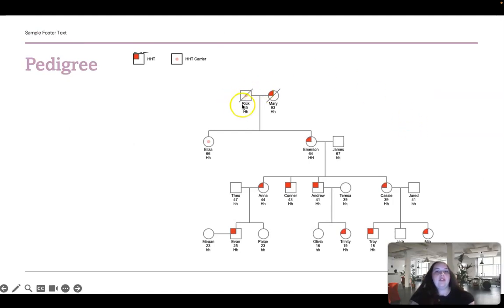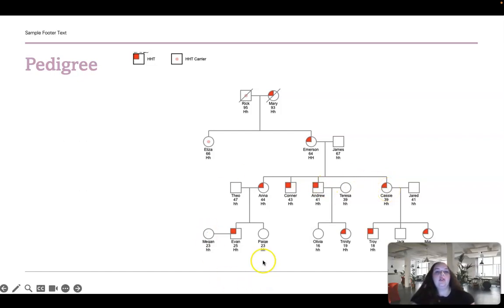So here is the pedigree. Up at the top here, Rick and Mary. Rick was a carrier, Mary was affected. In turn, one of their kids was affected and one wasn't, showing that 50% chance. Each of their kids could have been affected, but for this purpose, 50-50. Farther down, Emerson and James have 4 kids, and each of their kids was affected.